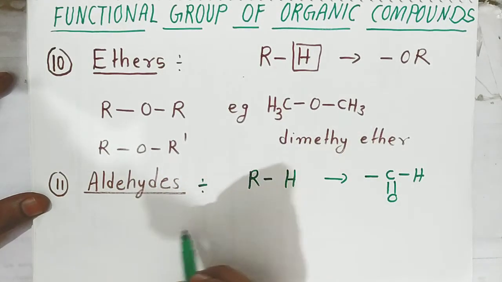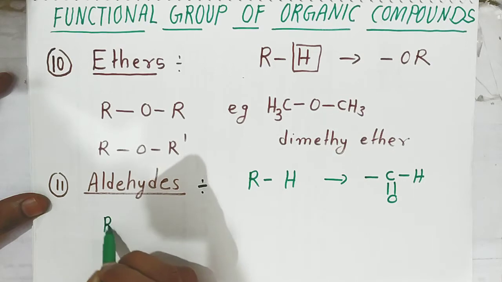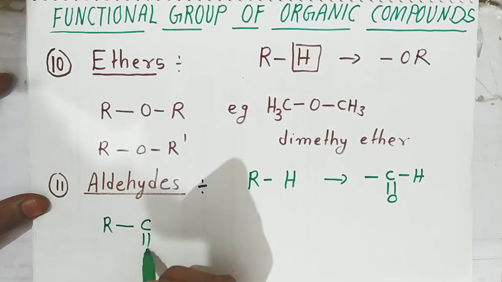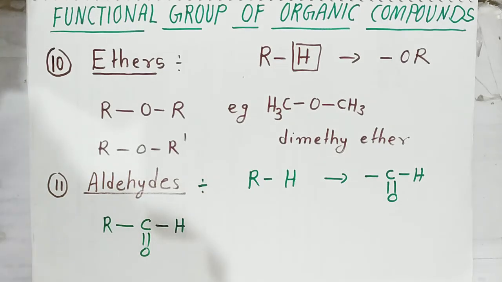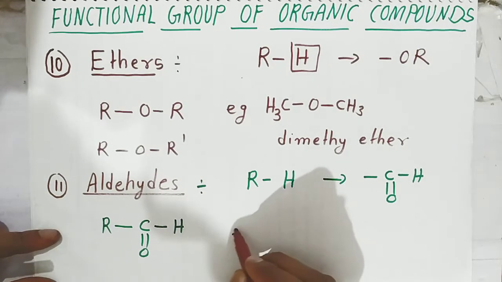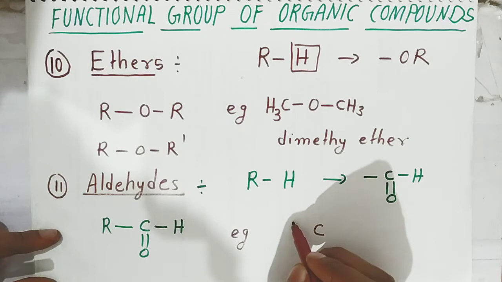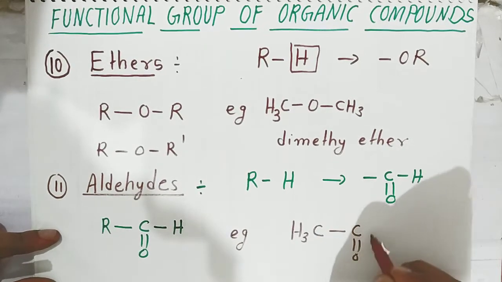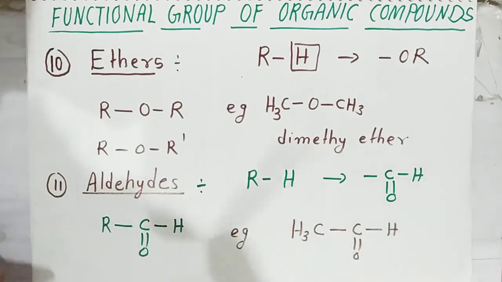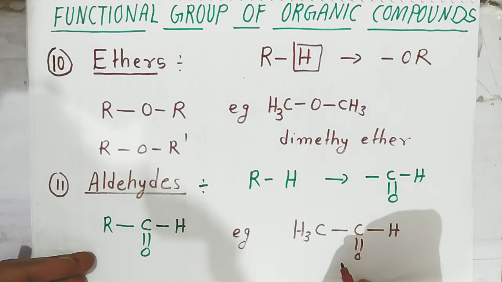Say for example, C double bond with oxygen, and here you have hydrogen. This is called aldehyde. When I am replacing hydrogen of the methane with the aldehyde group, this aldehyde group we always put at the terminal. This is called acetaldehyde.